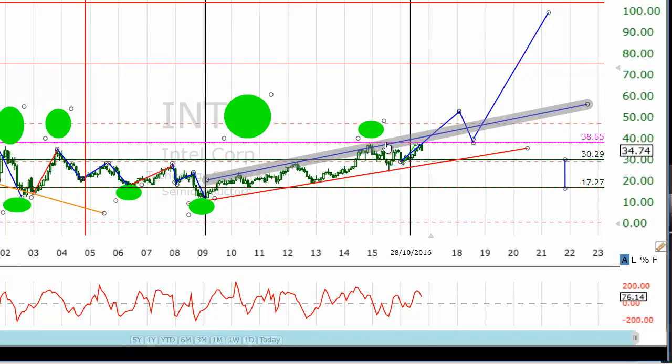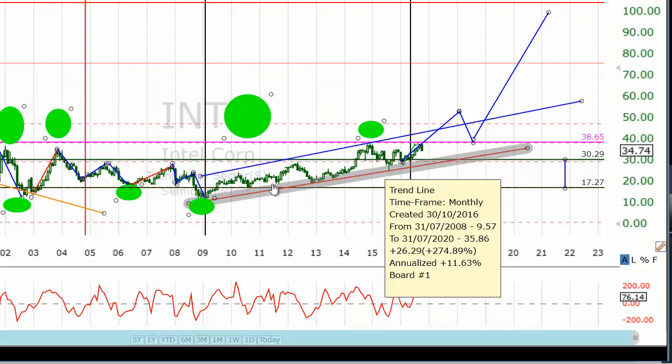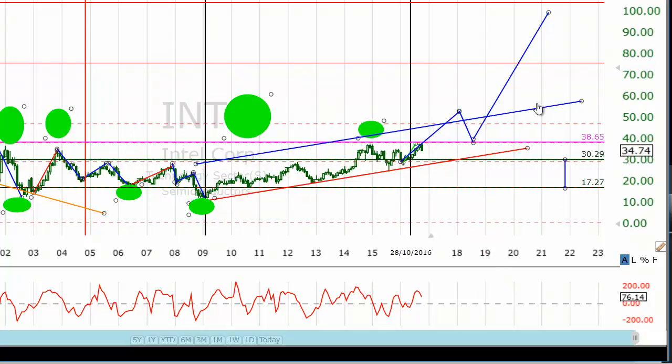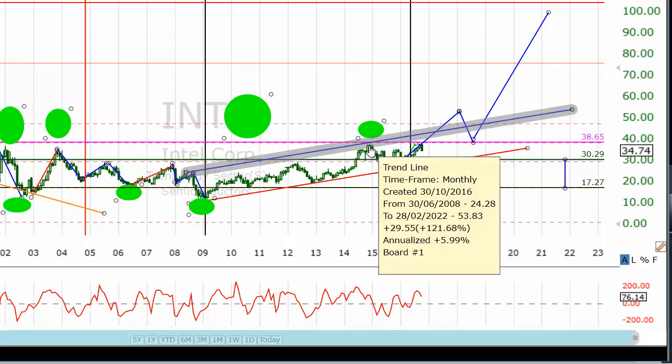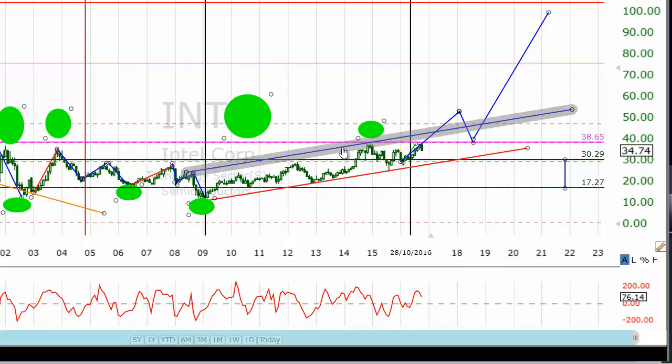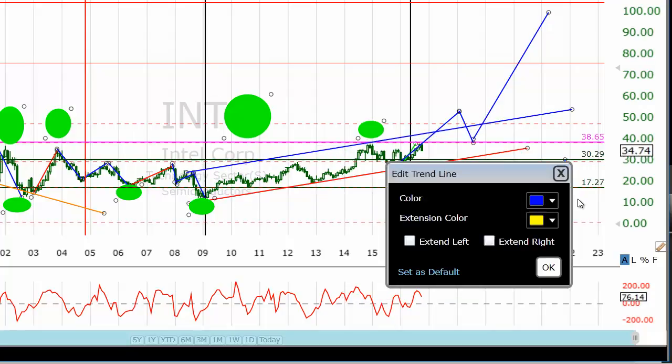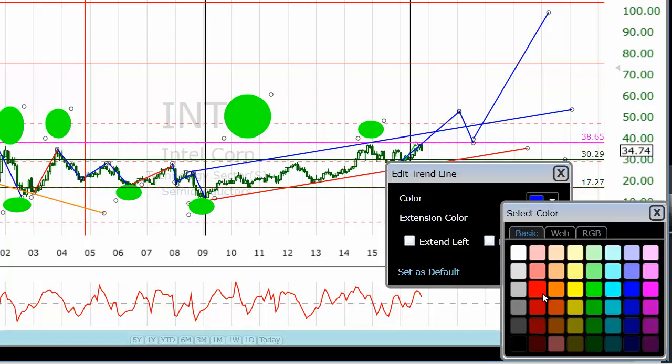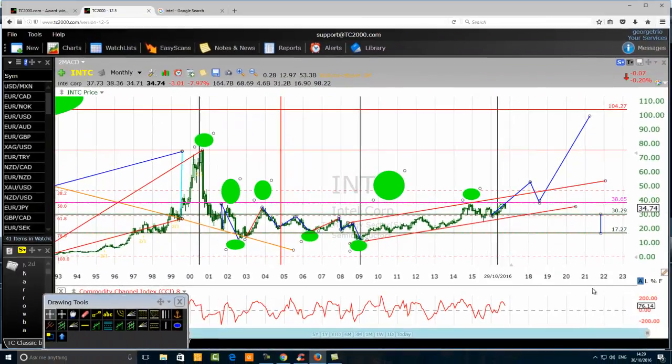So what I'm doing now, I'm drawing a line that is parallel to the red line. I just select one point here. Is it parallel? So I'm selecting this point and I'm drawing a line to that point that is parallel to the red line. Now I have a beautiful, gorgeous, red, bullish trend line that everybody can see.